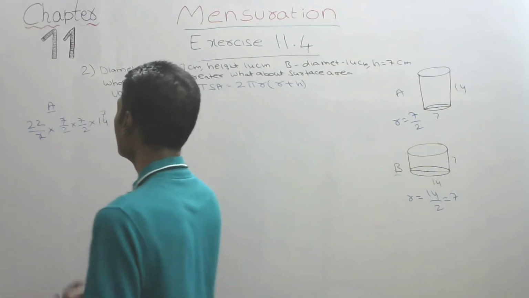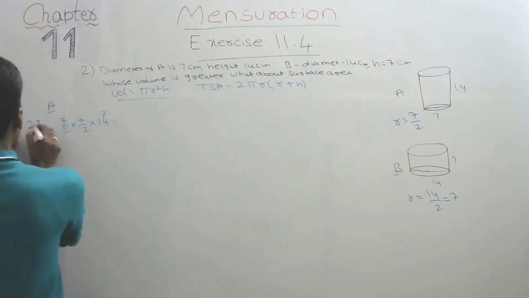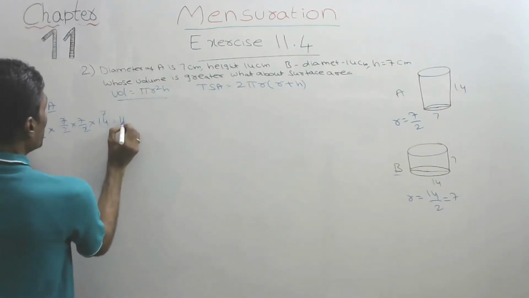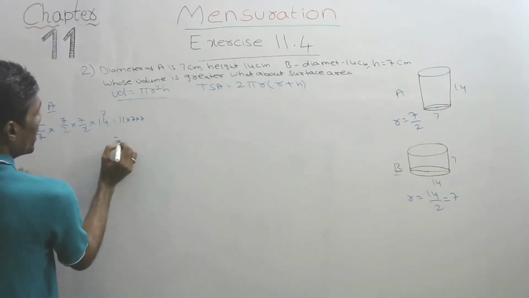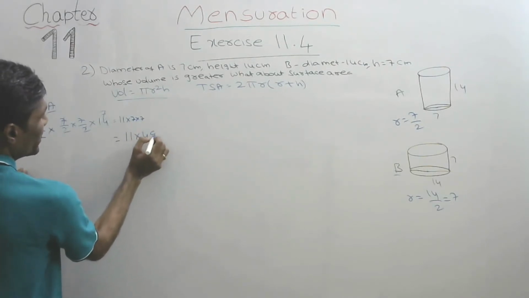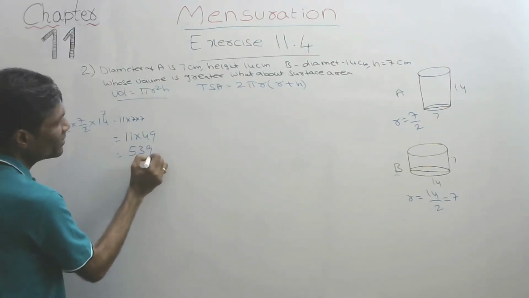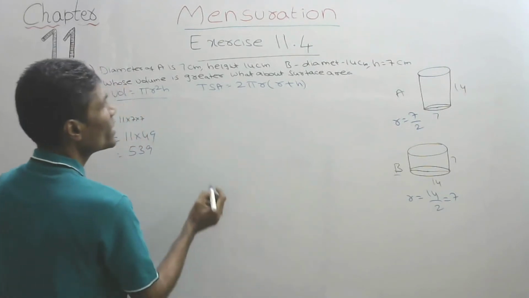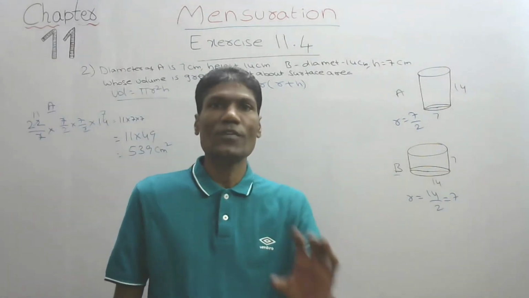So we are left with 11 into 7 into 7. So that is 11 into 49, that is 539 centimeter cube. This is the volume of figure A.